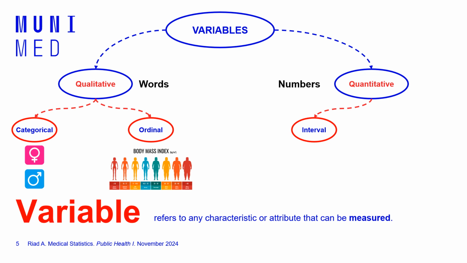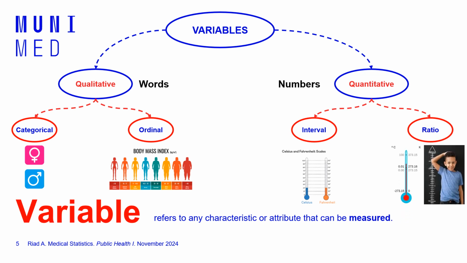Then, when we look at numerical variables, we have two main groups: interval variables, and we will describe them very soon, as those variables that have no actual zero or no physical zero, which means that they have a zero point, but this zero does not represent the case or the phase of no existence; the variable can still exist even though the value is 0. And we have ratio quantitative variables, and those are the variables that have a physical or actual 0.